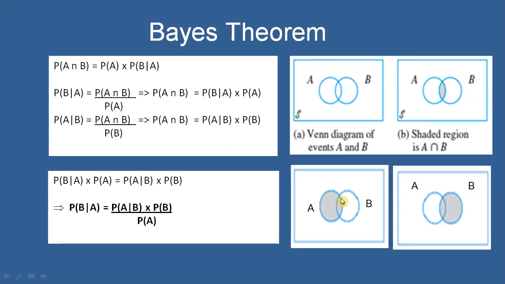So equating both, we get P of B given A into P of A equals P of A given B into P of B. Then we get P of B given A equals P of A given B into P of B by P of A. This is Bayes theorem.